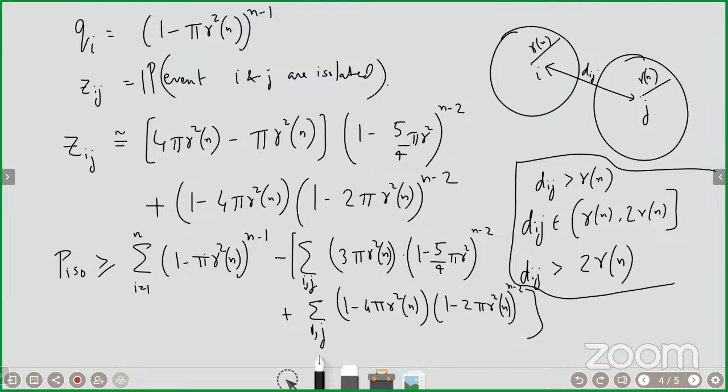Everywhere the identity of i and j has been lost. So you can essentially replace the sums by n times n minus 1 here and n here. It doesn't really depend on i or j. So this is simply n times this, and this is n into n minus 1 times. So that should help you to get rid of the summations.